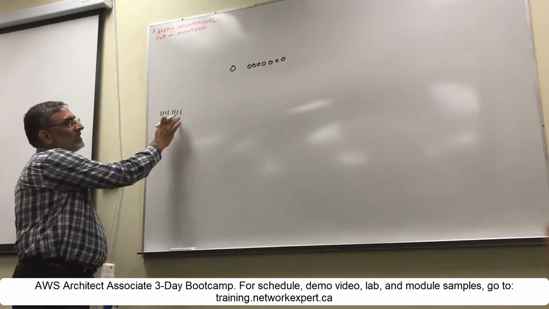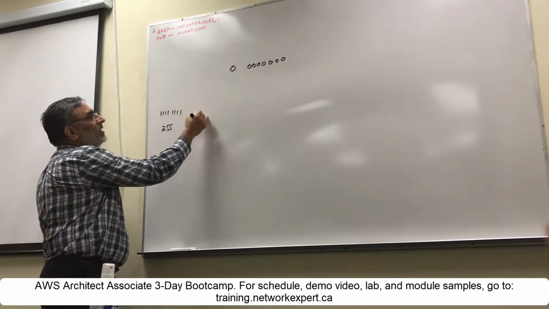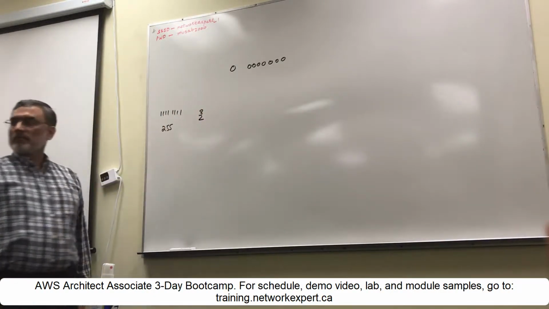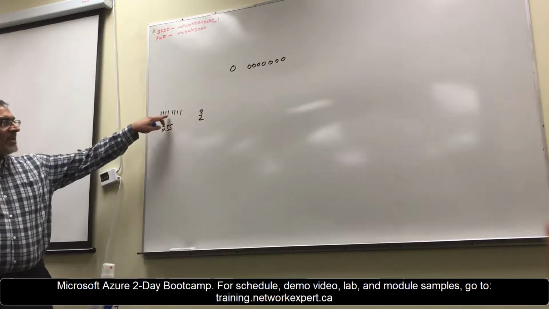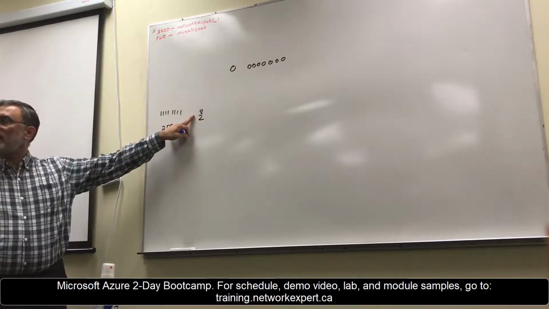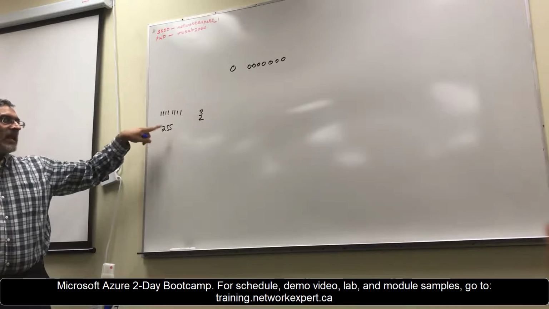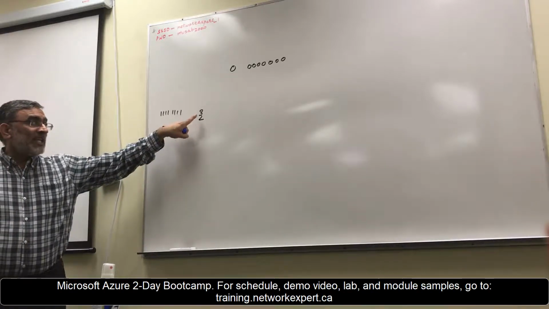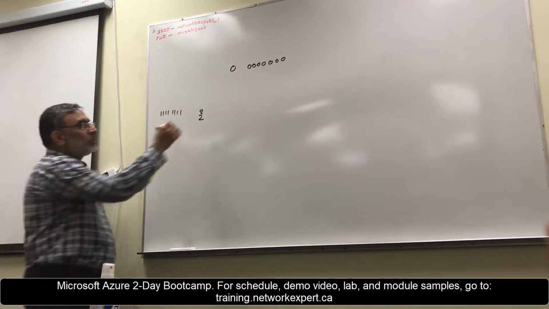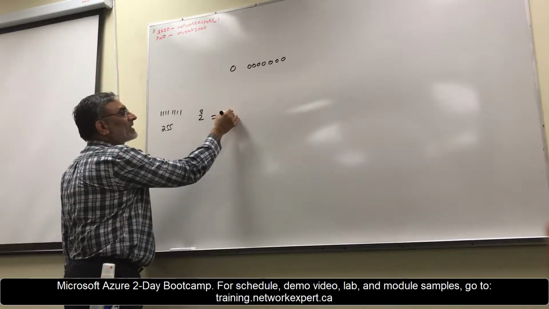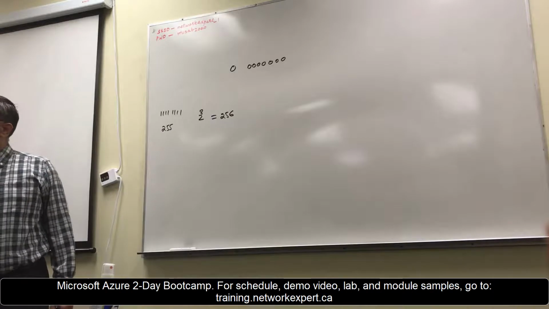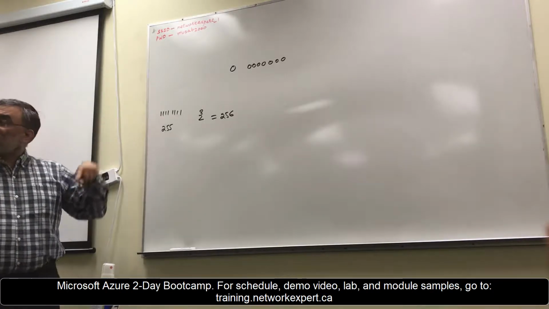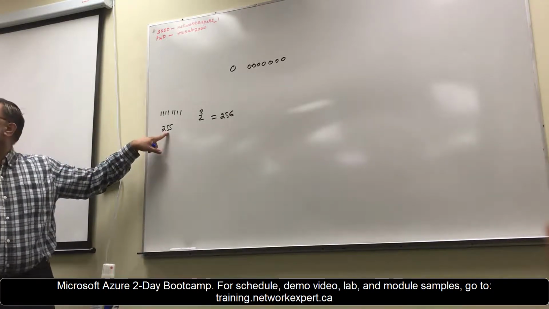It's basically how many possible combinations can be there? 2 raised to power 8, right? Why? Because there are 8 bits, there are 2 raised to power 8 possible combinations that we can get. 2 raised to power 8 is equal to 256 possible combinations. But if you add up in decimal, it comes to 255.